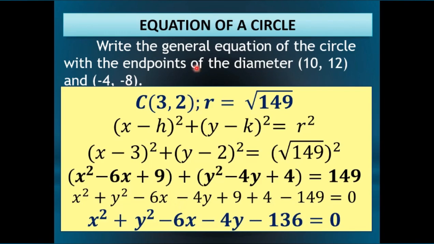So therefore, the general equation of the circle with the endpoints of the diameter 10, 12 and negative 4, negative 8 will be x squared plus y squared minus 6x minus 4y minus 136 is equal to 0.